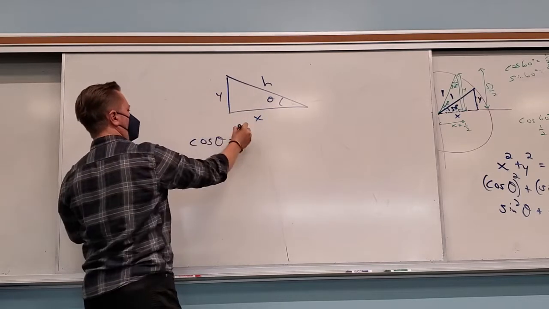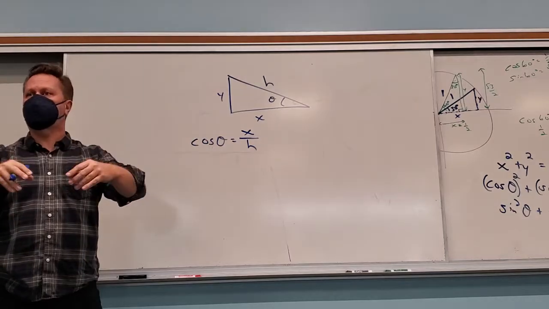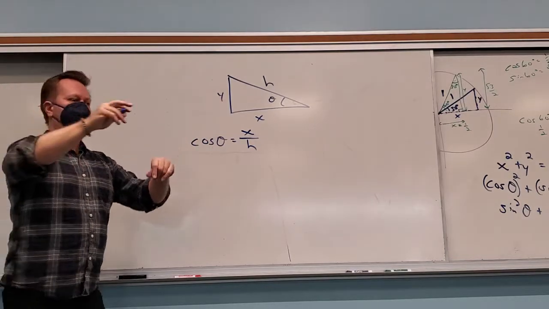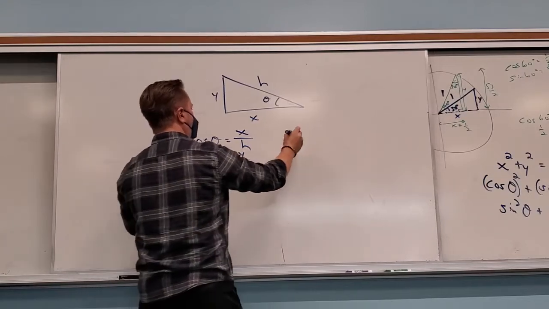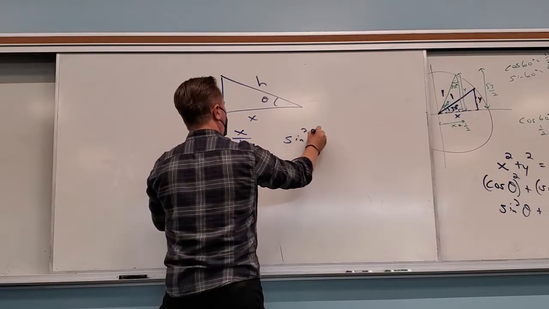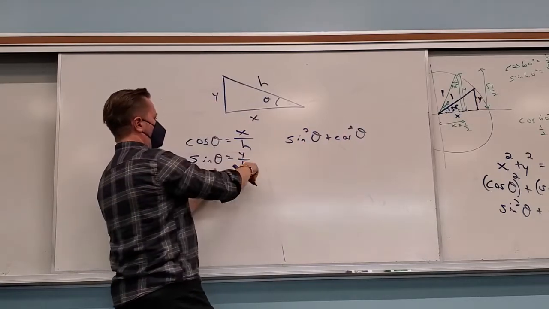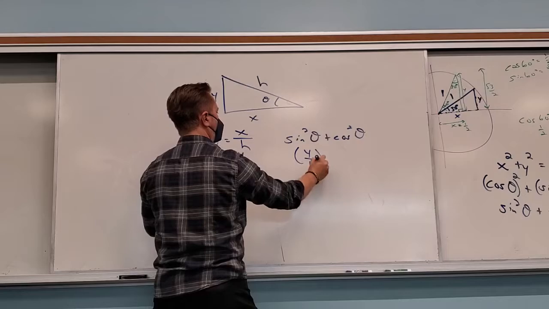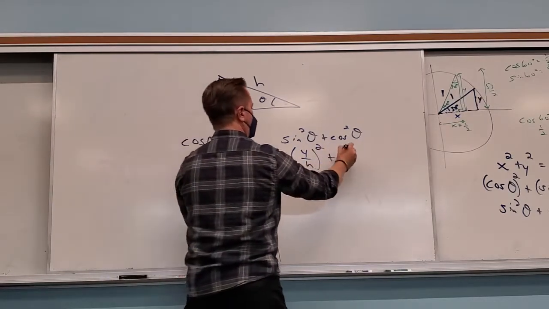X over h. That's the definition of cosine, right? There's nothing to do there. It's just the definition. What's sine theta? Y over h. So help me out. What's sine squared theta plus cosine squared theta? Sine theta is y over h. That's y over h squared plus cosine theta is x over h.